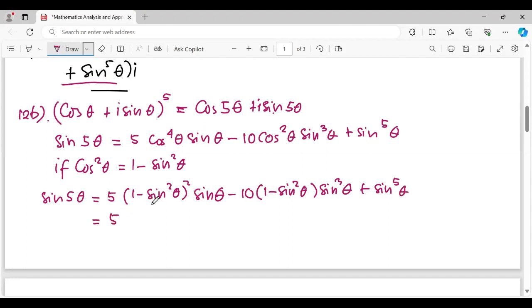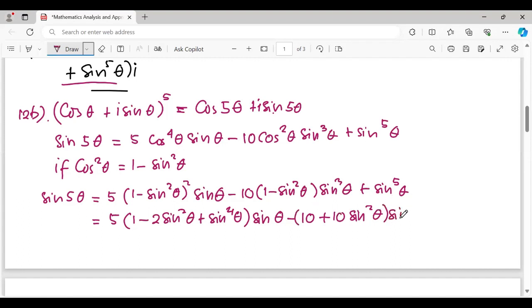Now I will expand this: 1 minus 2 sine squared theta plus sine to the power 4 theta, times sine theta, minus 10 plus 10 sine squared theta, times sine cubed theta, plus sine to the power 5 theta.